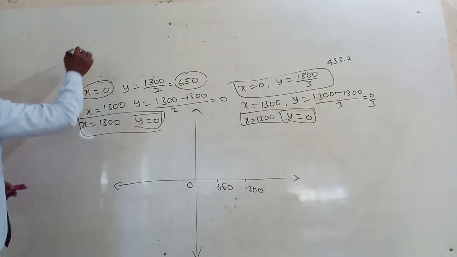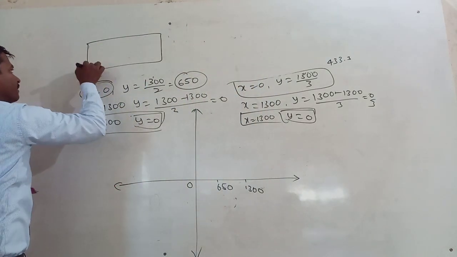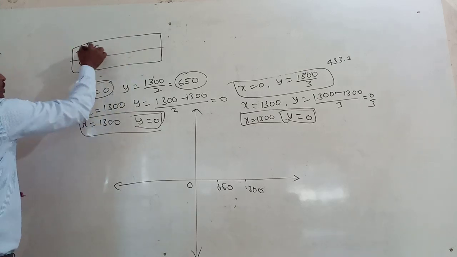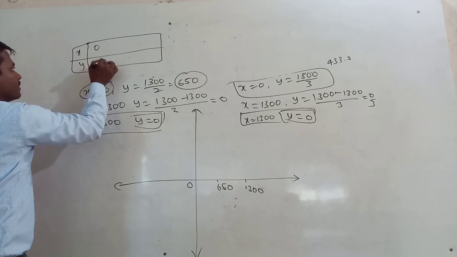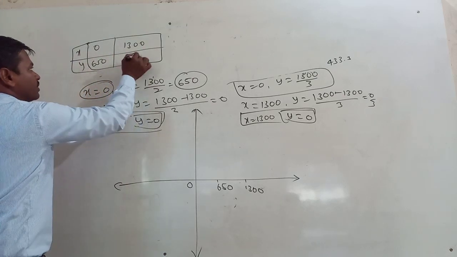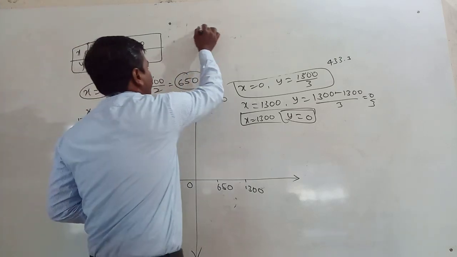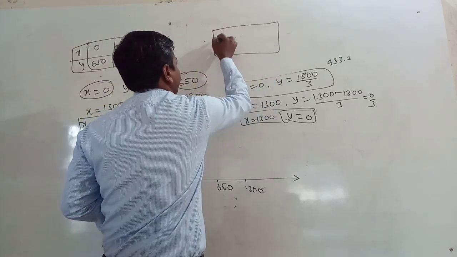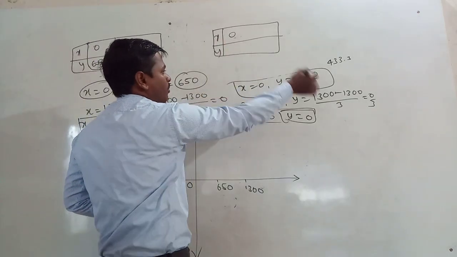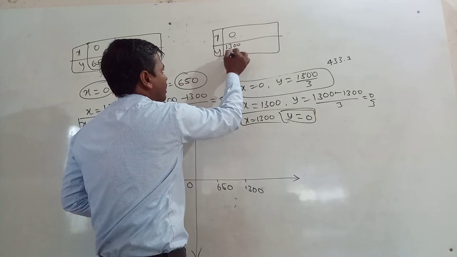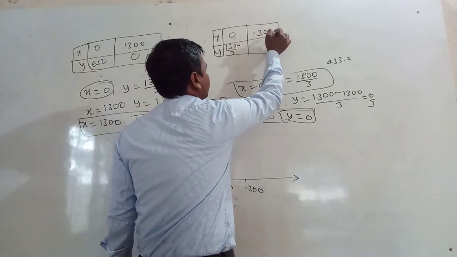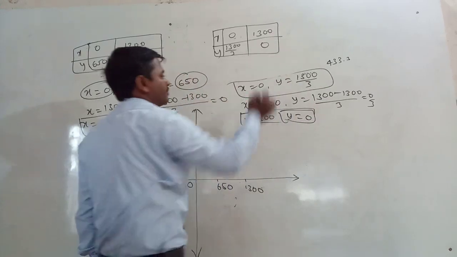First case, what is here? X value, y value: x is 0, y is 650; x is 1300, y is 0. Second case, x and y value: x is 0, y value is 1300 by 3, and x is 1300, y is 0.